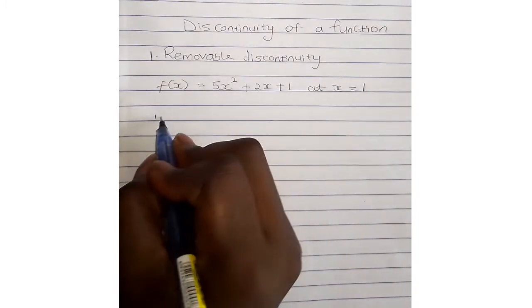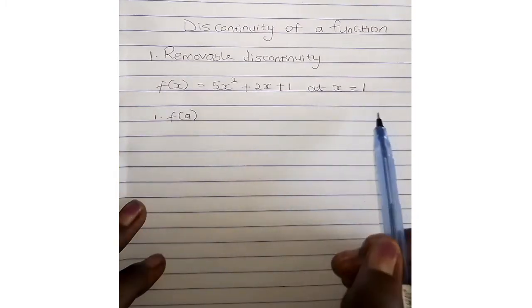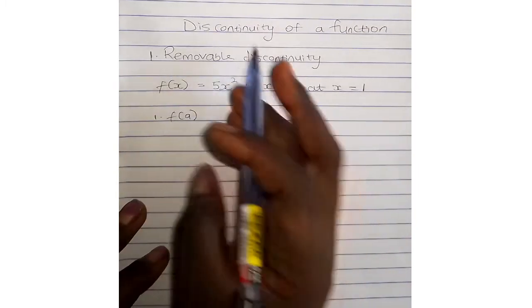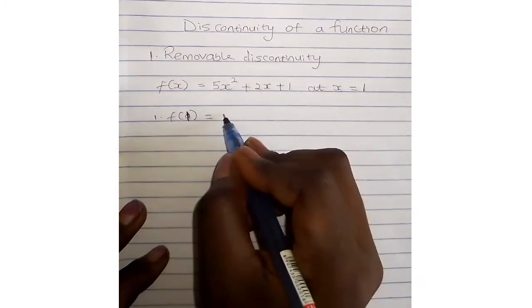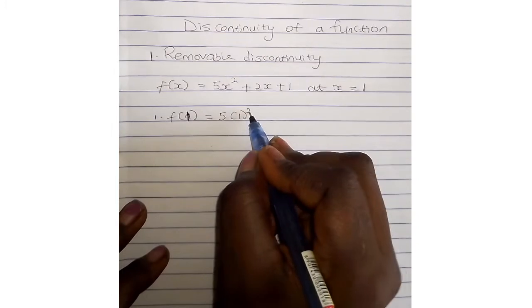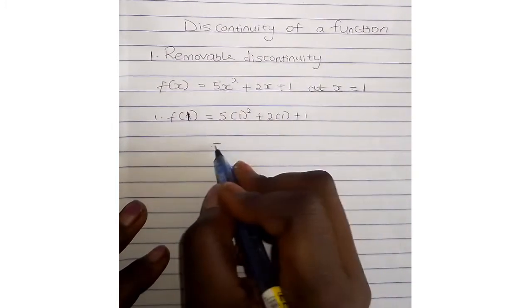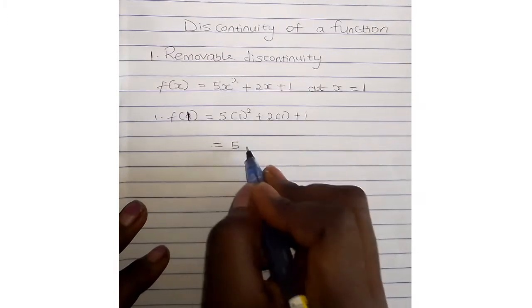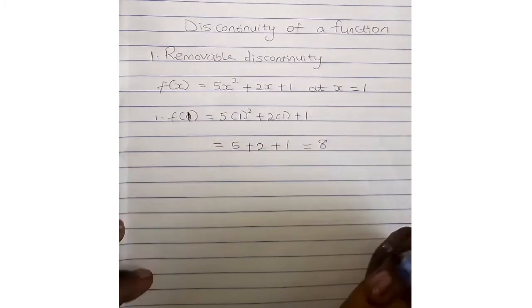So the first condition says f of a needs to exist, and at this point our a is 1, so we're going to say f of 1 rather. So whenever we see x equal 1, we're going to have 5 plus 2 plus 1, which is going to give us 8.